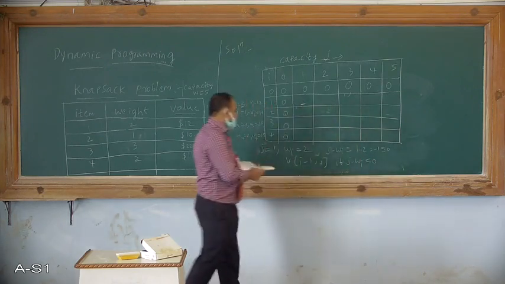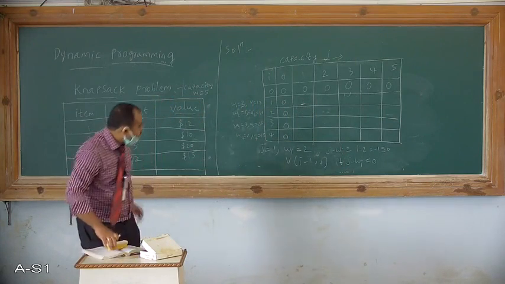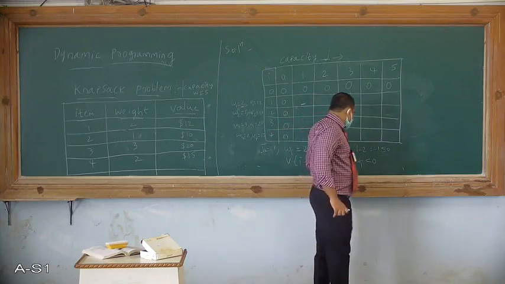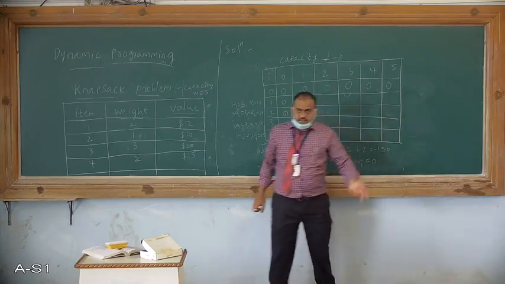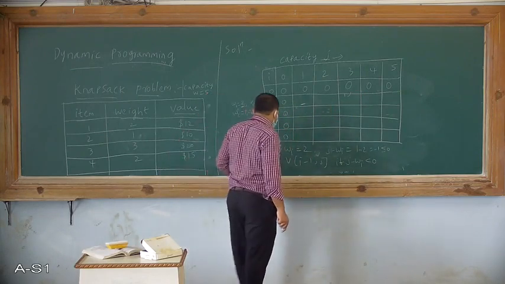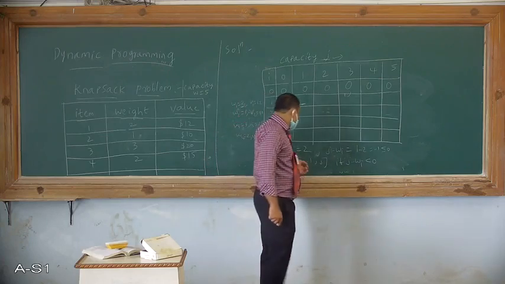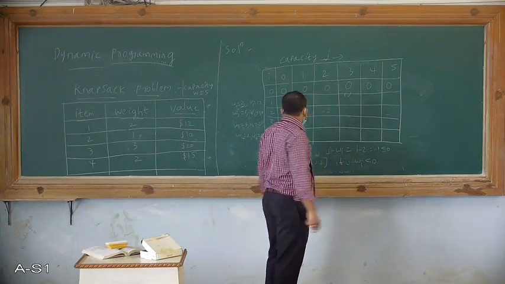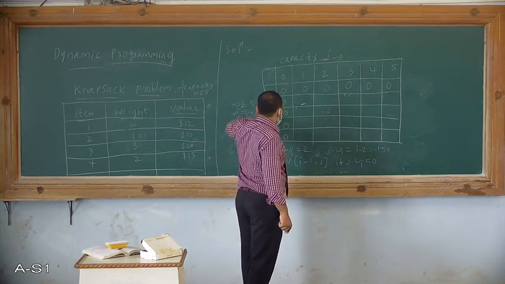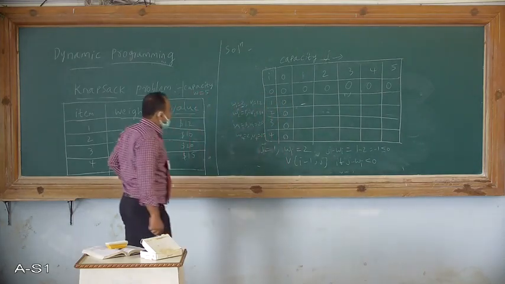So since it is less than 0, we will apply this formula. What is this formula? V of I minus 1 comma J if J minus Wi is less than 0. So this formula we will be applying. You can observe here Wi is 2, right? So here what is it? V of I minus 1 comma J. What is I? I value is 1 here. I minus 1 means 0 comma, and Wi is 0. So what is that?